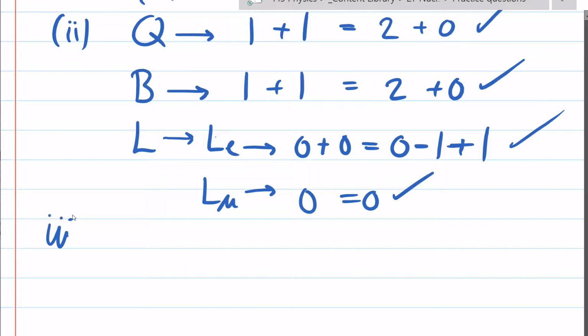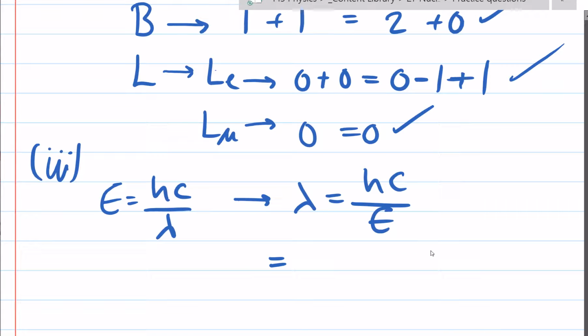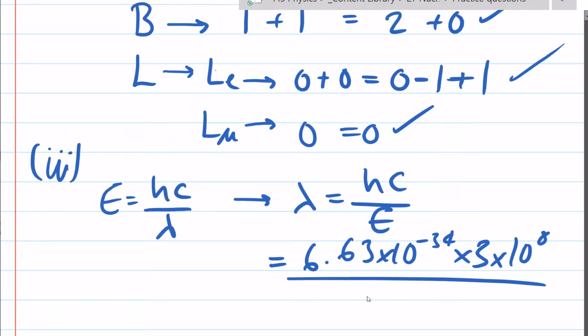3, again using some sort of previous stuff in the course. So this is working out the wavelength from the energy. So energy equals hc over lambda. Rearrange that to get lambda equals hc over E. Putting our numbers in from the formula book, we get 6.63 times 10 to the minus 34 times 3 times 10 to the 8, both from the formula book.